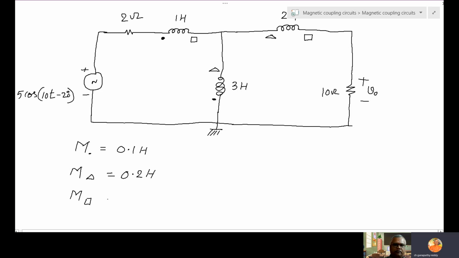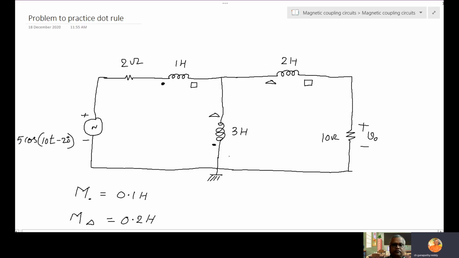M square is 0.3 Henry. This is given. So this is the best example for a magnetic coupling circuit plus steady state analysis. So these two concepts combined we understand: a combination of steady state and coupling.